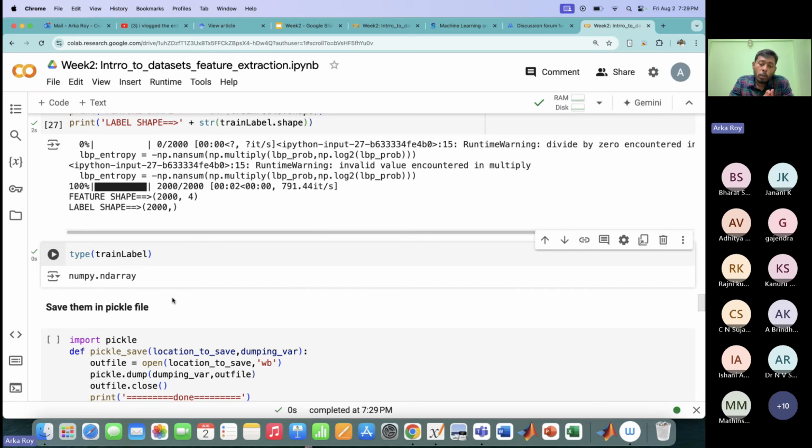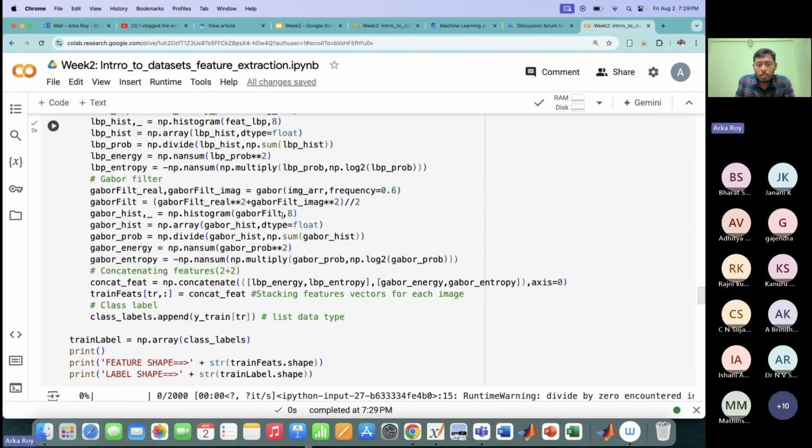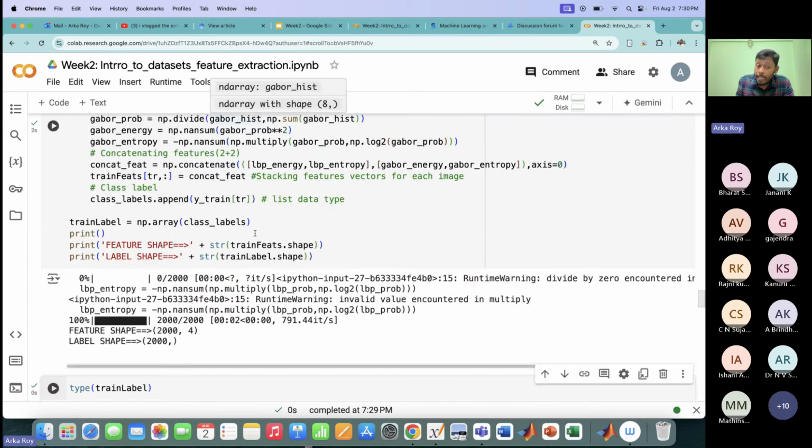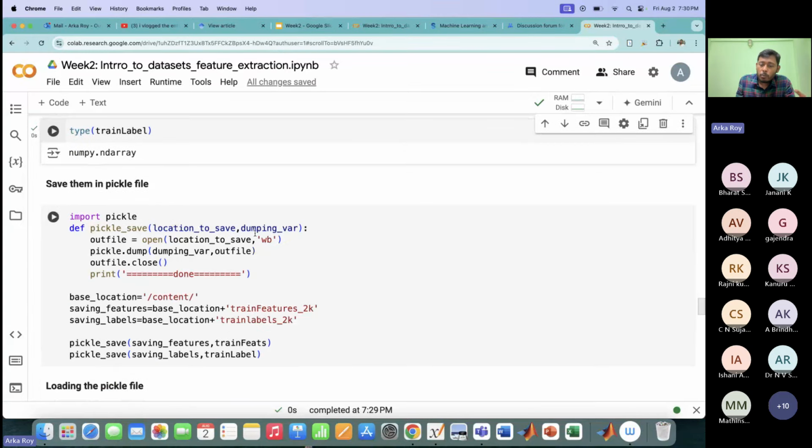Now, if you want to save the features to your disk, because whenever you come to this notebook and try to extract the features, you have to run this particular snippet again and again, and that too for 60,000 images, which is pretty time consuming. So to avoid that, what we basically prefer is to save the data.